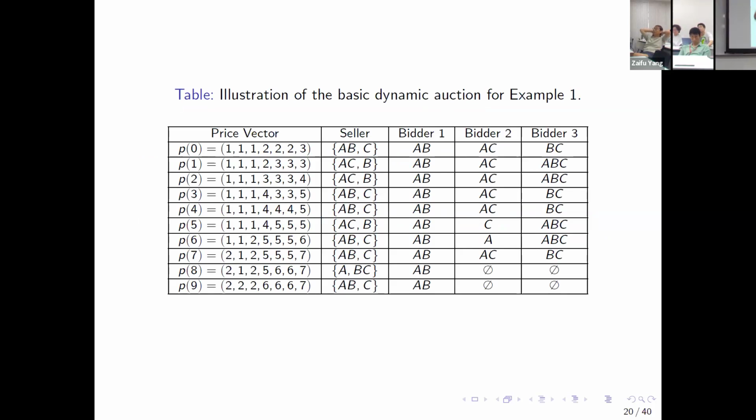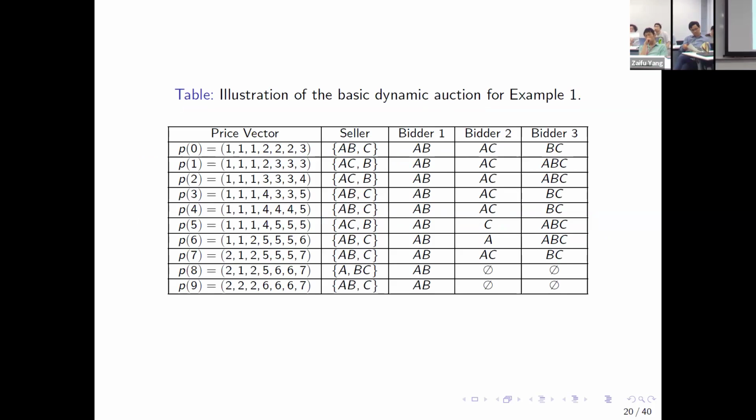Let me explain step by step. You see here, AB is an optimal bundle, if you check the example, and AC is an optimal bundle, A is an optimal bundle, and BC is an optimal bundle at this price.